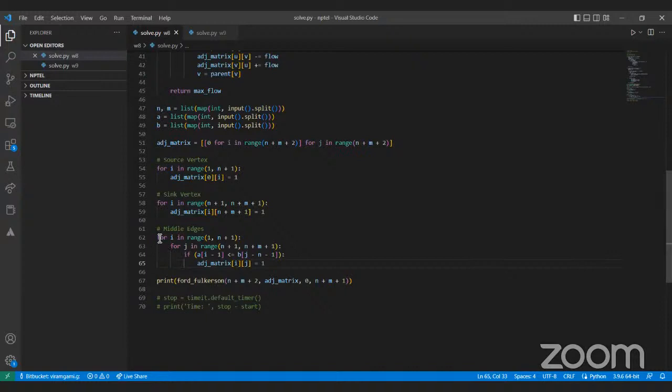So I'm iterating through each of these courses from 1 to n plus 1. Then I'm iterating over each classroom from n plus 1 to n plus m plus 1. And if the number of registered students in this particular course is less than or equal to the capacity of this particular classroom, then only I will add this edge, and its capacity value is 1.